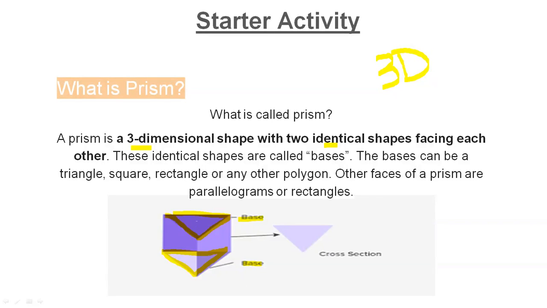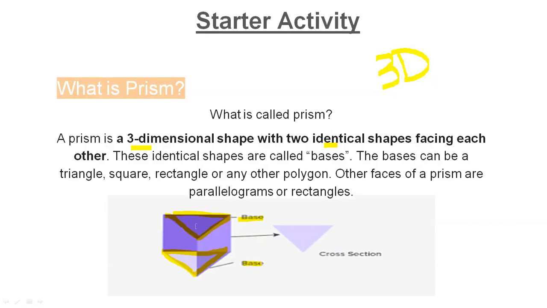If it is a triangle, definitely the other will also be a triangle. If it is a square, it will be a square. If it is a hexagon, it must be a hexagon and so on. So first you have to look at the base. Number two, the bases can be a triangle, square, rectangle, or any other polygon.